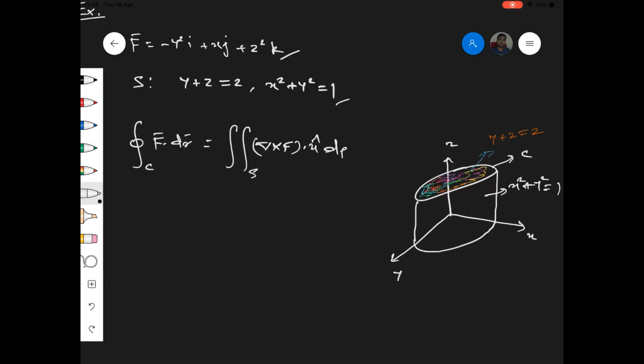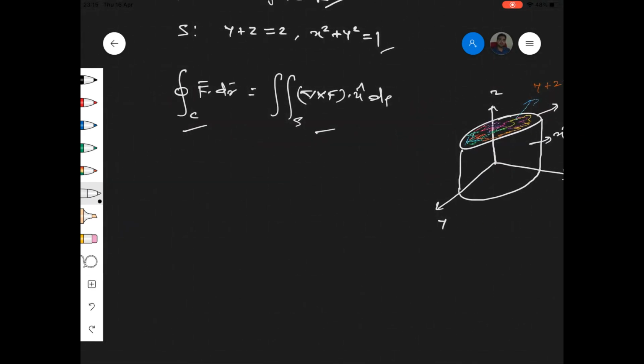Now let's try to verify the given Stokes theorem statement by evaluating both sides of this expression.